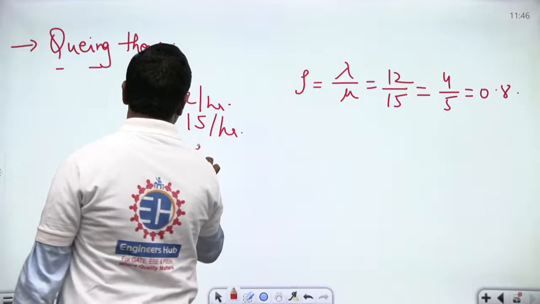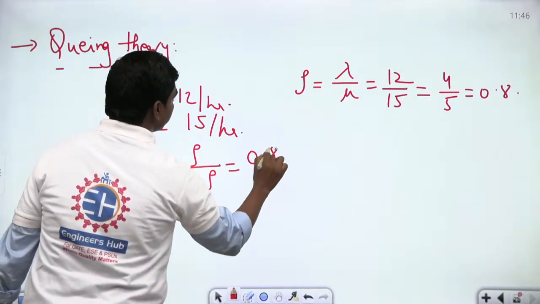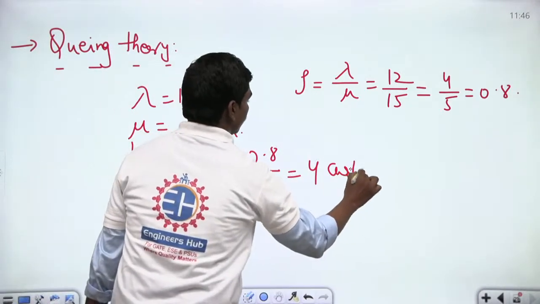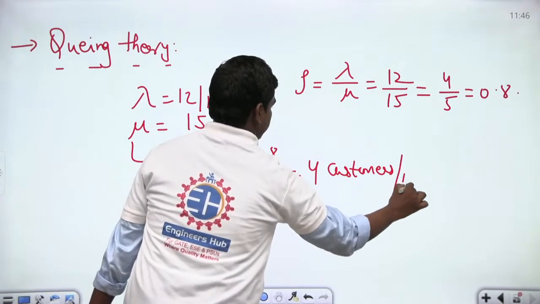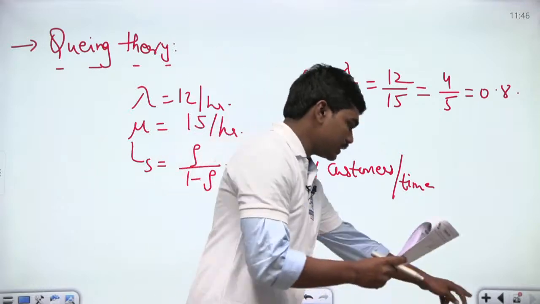So the length of the system is rho by 1 minus rho, so 0.8 divided by 0.2. So there will be 4 customers in the system at any given point of time. So the length of the system that you could guess is 4.